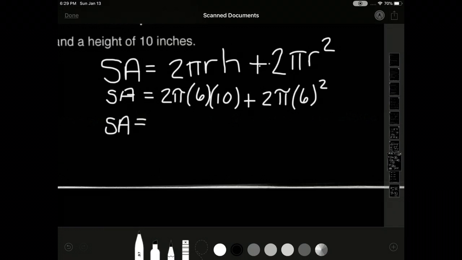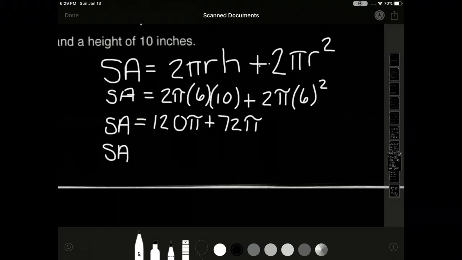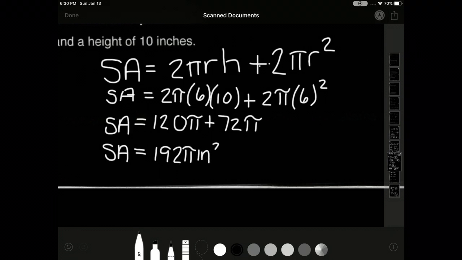So in the first section, 6 times 10 is 60, times 2 is 120 pi. Six squared is 36 times 2 is 72. And then we can add them together since they're both in terms of pi, so 120 plus 72 gives us 192 pi inches squared.